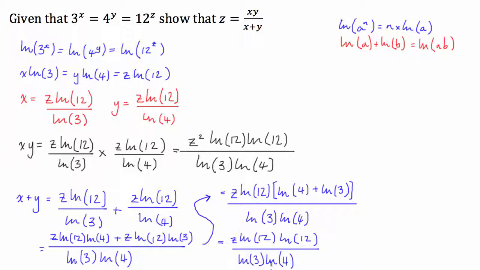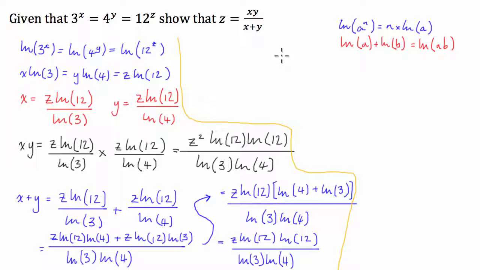So now we've basically got two simplified expressions for what x times y is and what x plus y is. Hopefully one of these colours will work. Let's have a go at it. I'm going to just separate this. Great.